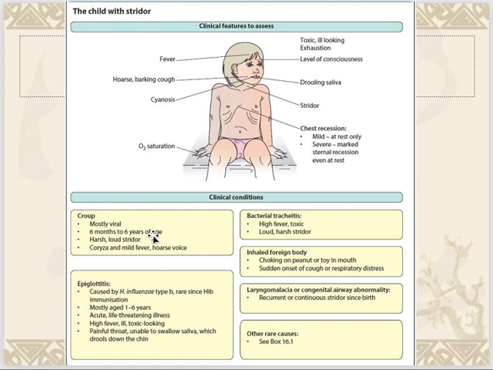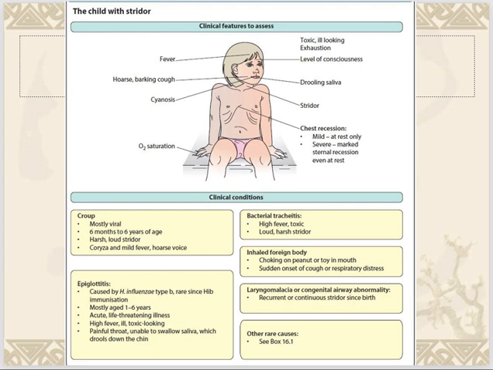Now it is very common in fall and early winter. Croup is caused by parainfluenza virus. This is the most common cause.